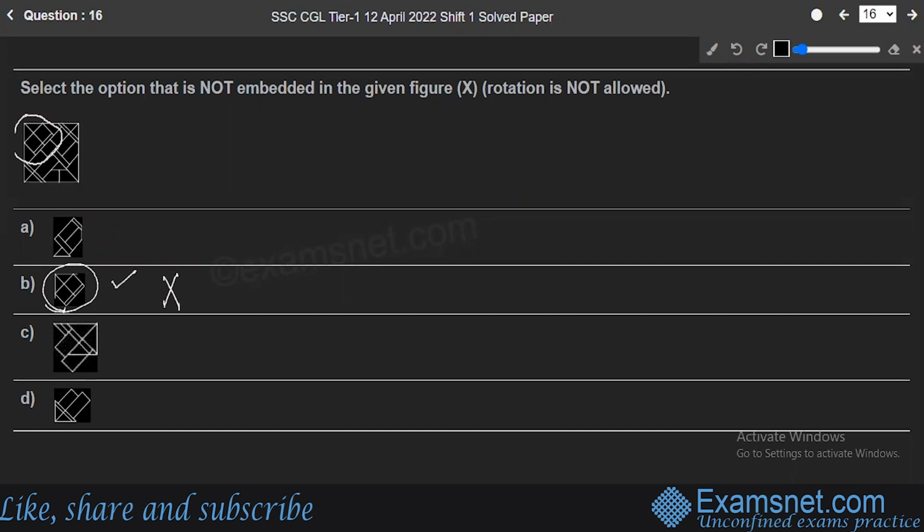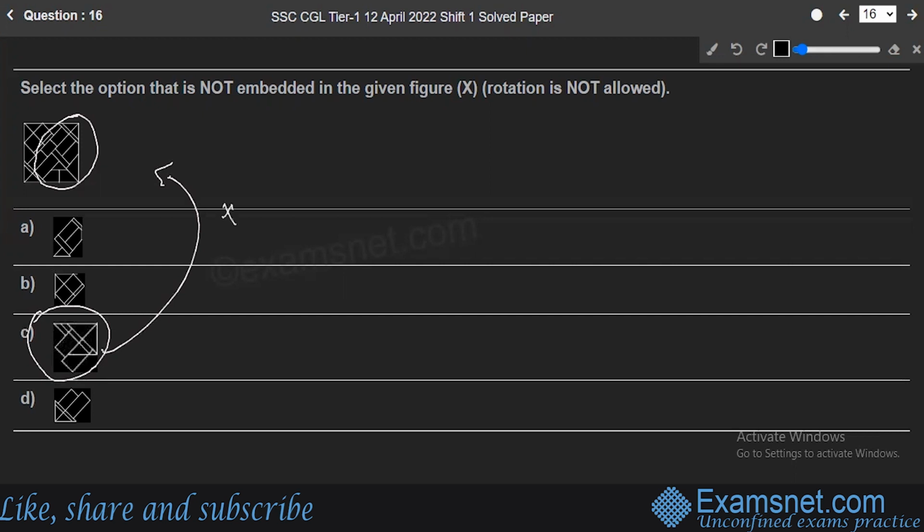Let's look at the last ones. C part. In the C part, if I'm looking at this figure, this part is not matching over here. This is not the same one. Look at the figures carefully. If I look at this one, it mostly matches, but this part over here is not exactly the same as C. So C is not embedded in the given figure.